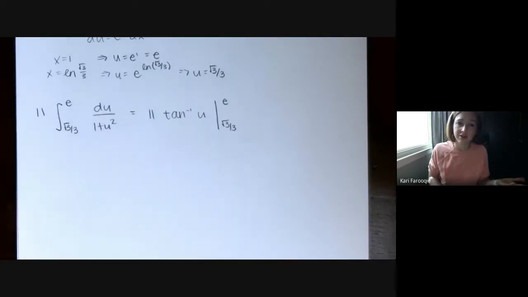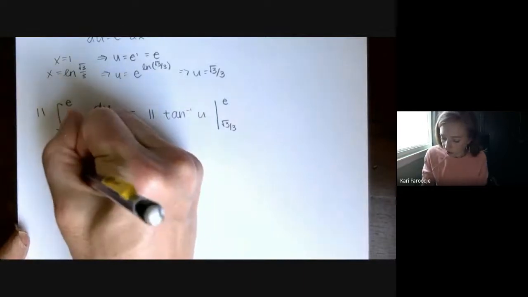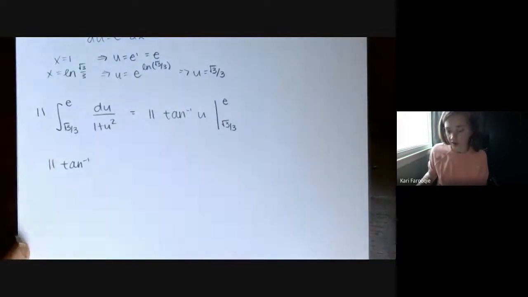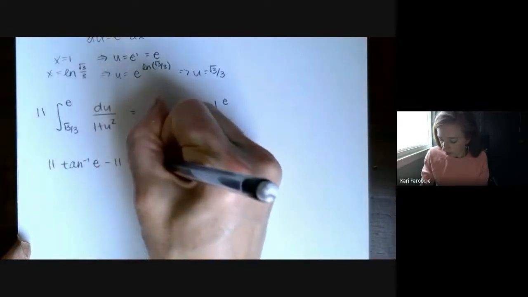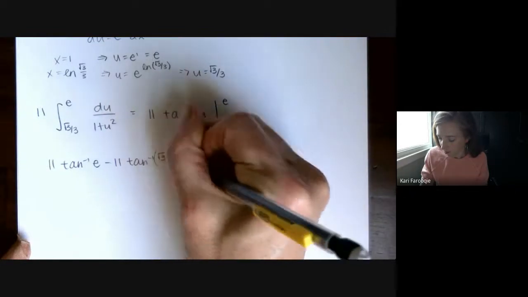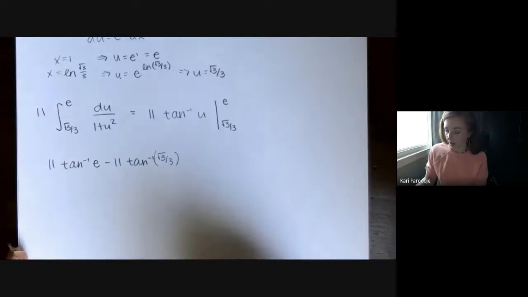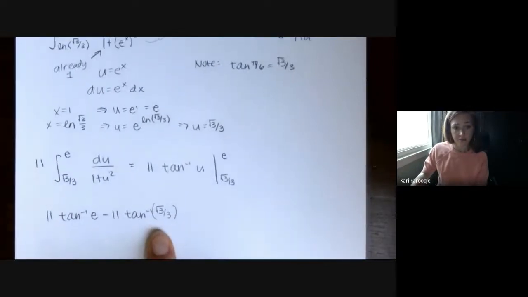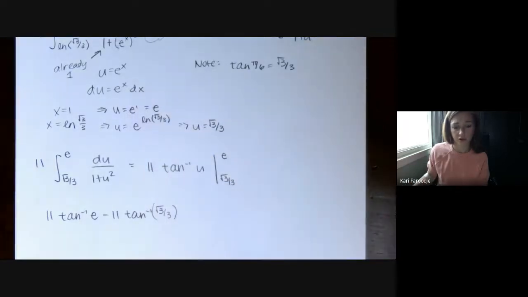That doesn't necessarily mean that it's wrong. You might just have an exact answer here that you can't write in terms of some special value of pi. So this is 11 times the inverse tangent of e minus 11 times the inverse tangent of the square root of 3 over 3. And we already stated up here that the tangent of pi over 6 is the square root of 3 over 3.